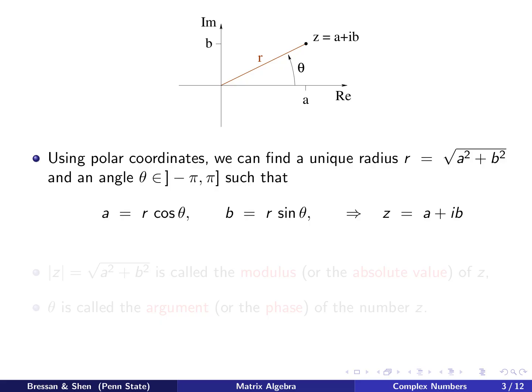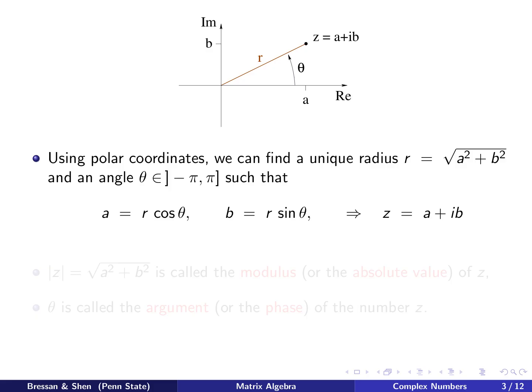And then in this coordinate system, we can find a unique value we call the radius, which we denote by R. That is the length from the origin to the point Z, which equals the square root of A squared plus B squared. The line from the origin to Z also forms an angle with the real axis, and the positive direction for this angle is the counterclockwise one.